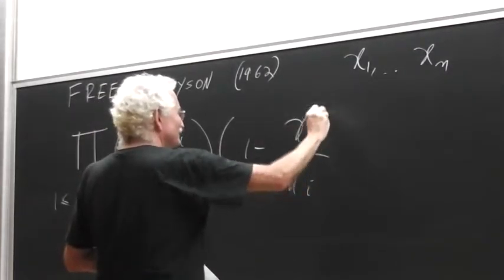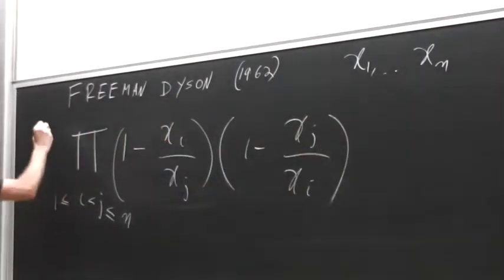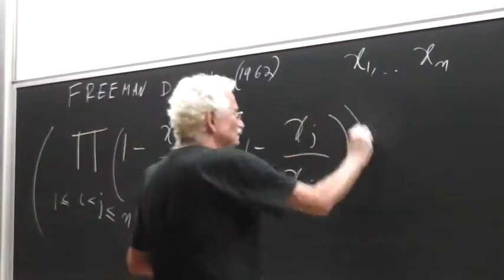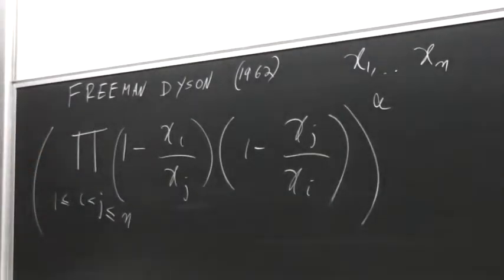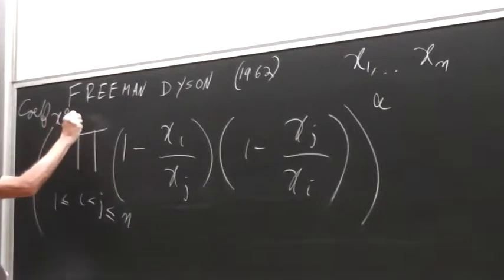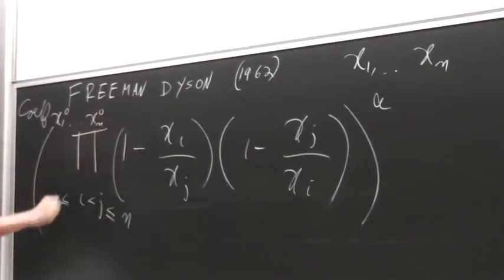This is not too bad. Now raise it to the a-th power and expand it. You get a huge polynomial with n variables. With n equals 4 and a equals 5, nowadays Maple can do it. And ask for the coefficient of x1 to the power 0, ..., xn to the power 0. In other words, ask for the so-called constant term. That's why it's called the Dyson constant term conjecture.